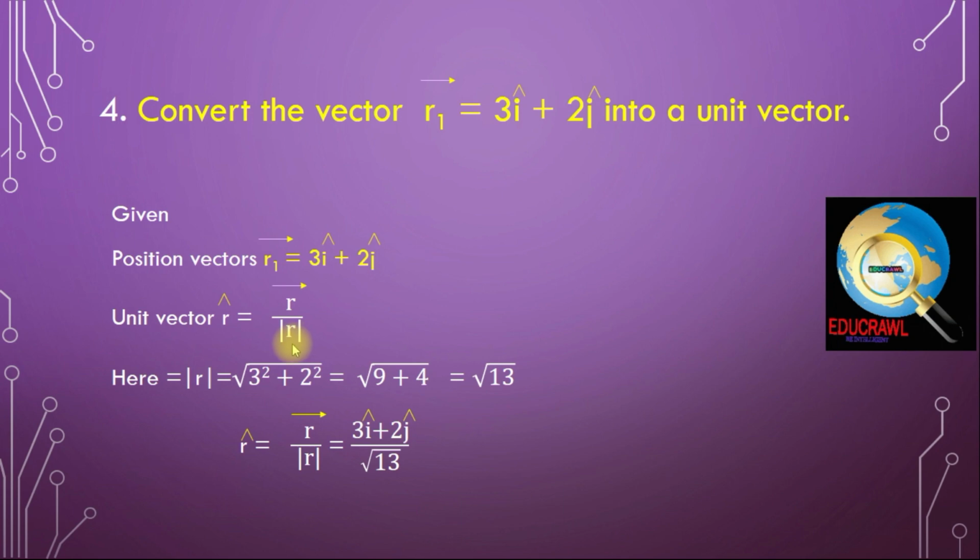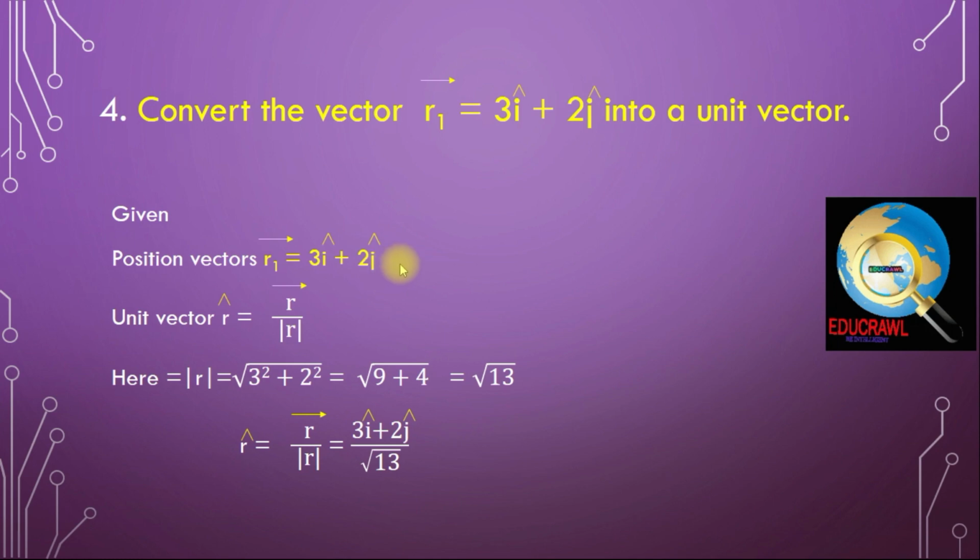Magnitude means the value. Leaving behind the direction, only the value you have to take. That is called magnitude. The direction in a position vector is represented by i cap and j cap. i cap represents the direction in the x-axis, j cap represents the direction in the y-axis.